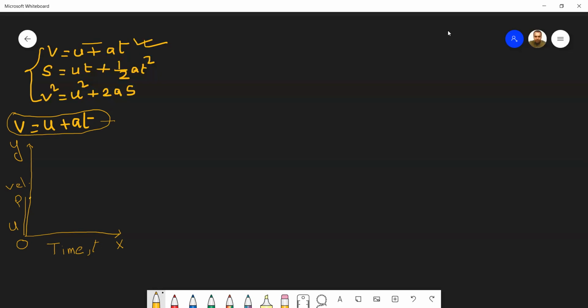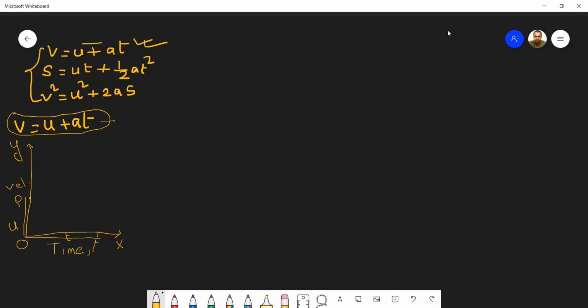Then the body is set in motion. It travels for a time equal to t. For a small time t, the body moves, but the body has an acceleration of a.